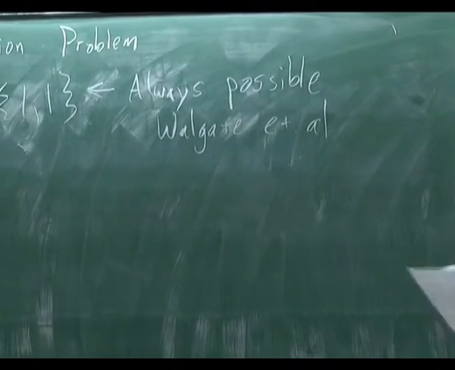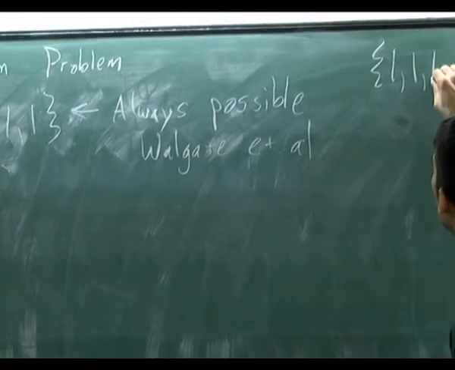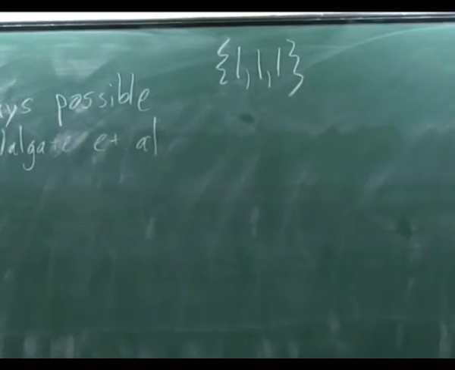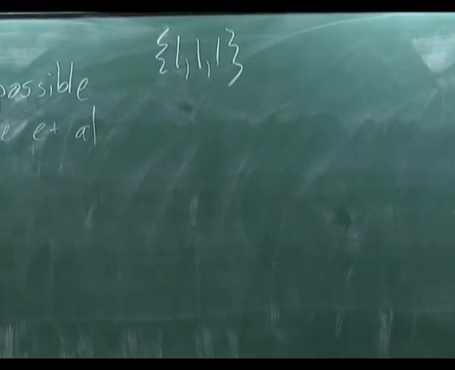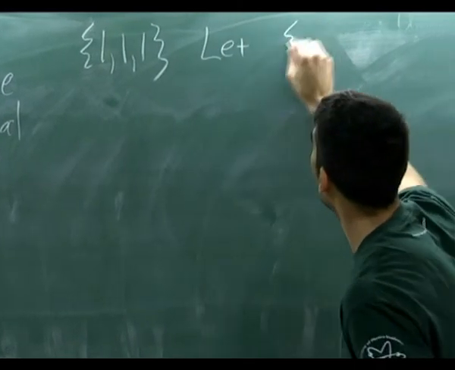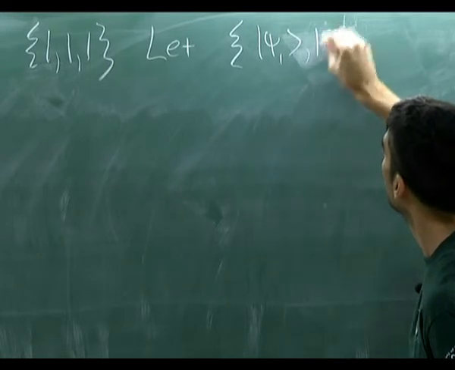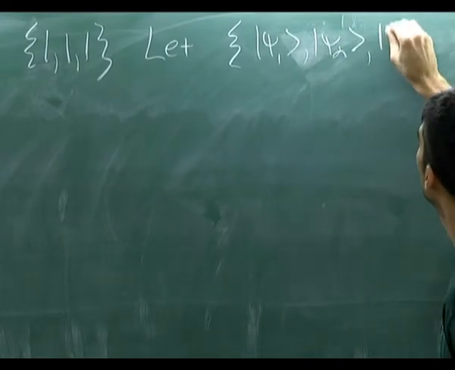Okay, next case is, let's go 1, 1, 1. And this is one of the most interesting ones, I think. So what we'll do is we'll let our ensemble be denoted by psi 1, psi 2, psi 3.